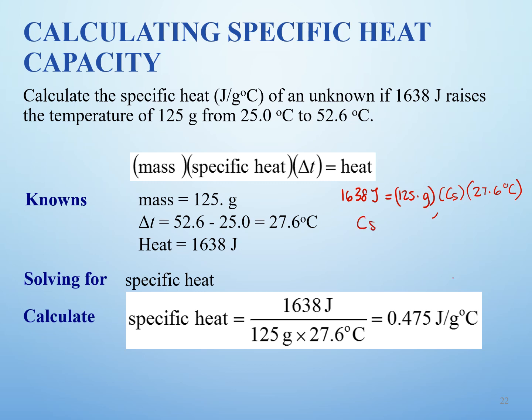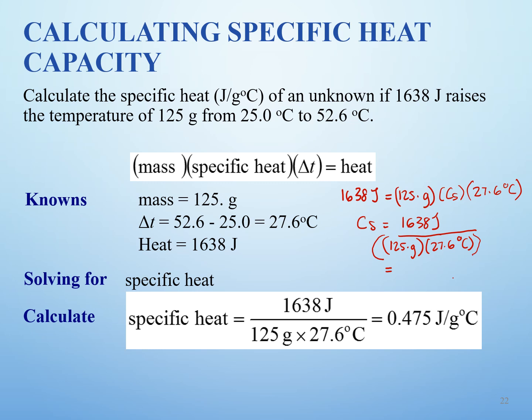So Cs would be 1638 joules divided by 125 grams and divide by 27.6 degrees Celsius. Now be really careful. Try this on your calculator. Make sure you're doing it correctly. If you're putting it into your calculator, you must put a parenthesis between these two terms.